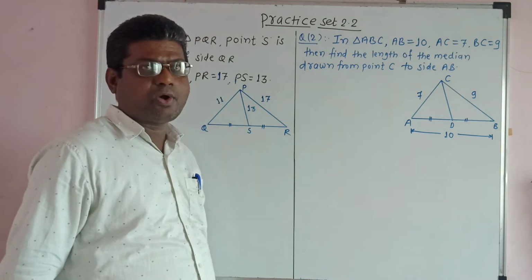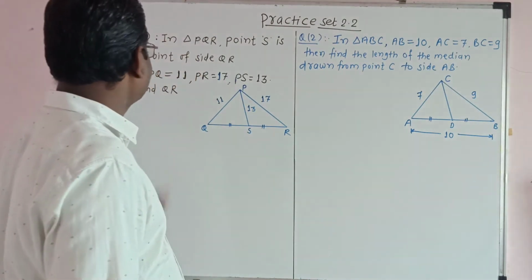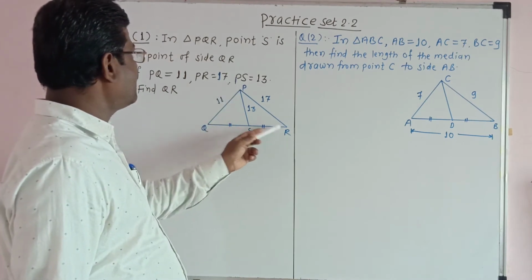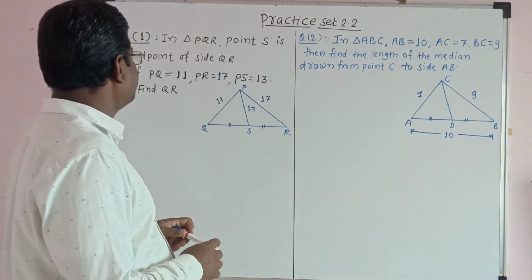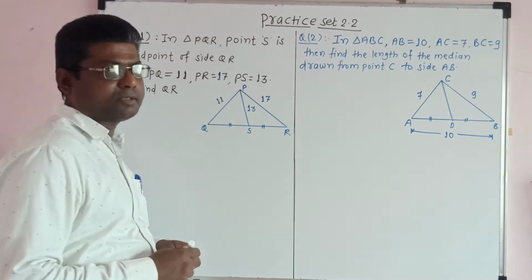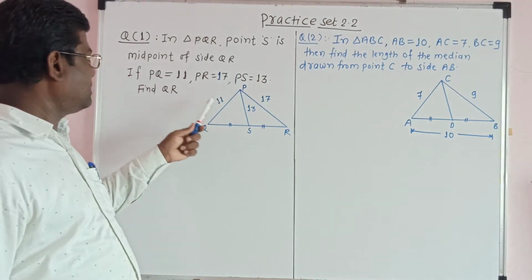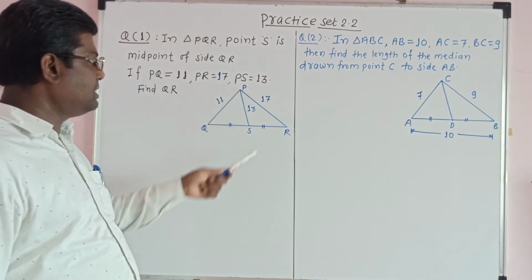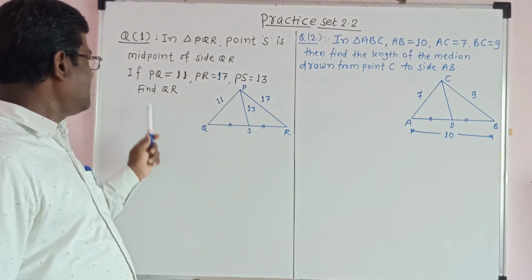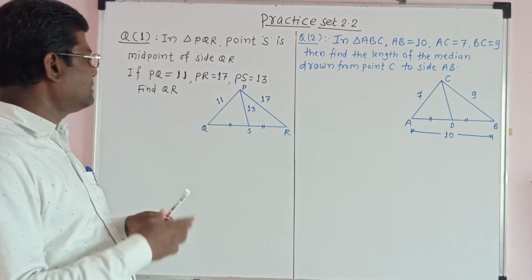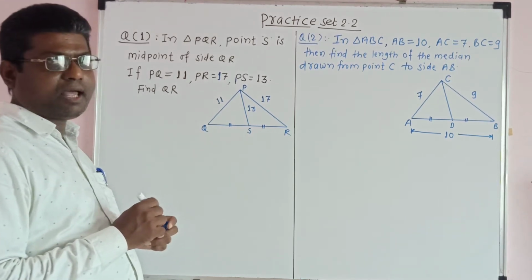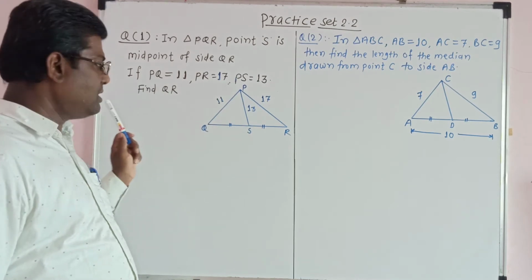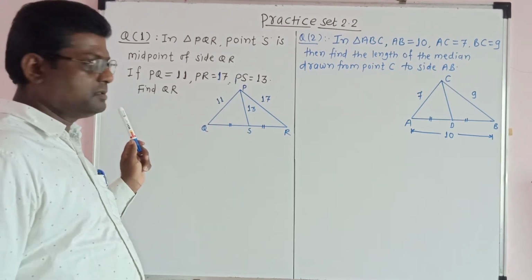Practice set 2.2, question number 1. In triangle PQR, point S is the midpoint of side QR, and PQ is equal to 11, PR is equal to 17, PS is equal to 13, and we have to find QR. Now in this triangle, S is the midpoint of side QR.